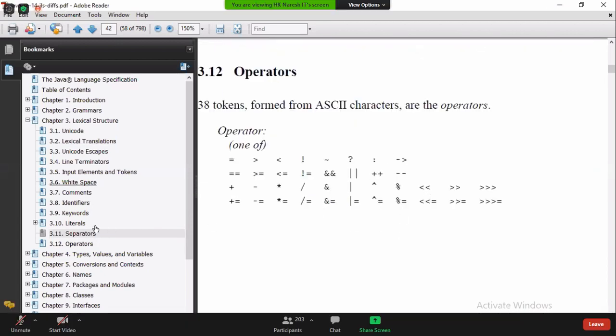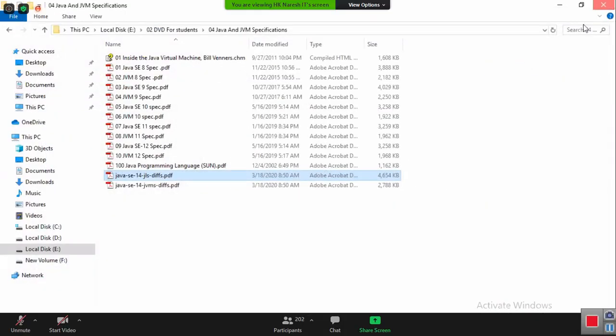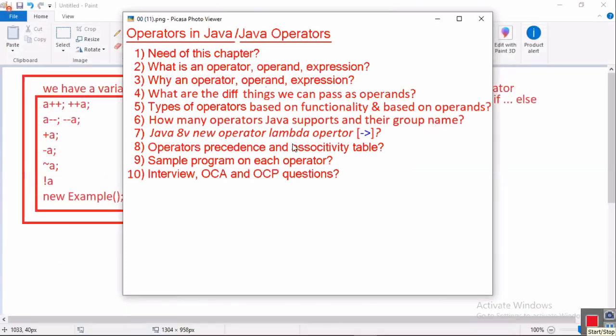Whatever they mention in the documentation, I am just trying to read. That's it. All for today's class. I hope all of you have a good theory understanding. And what do you call the operator precedence table, and what do you call the associativity table.